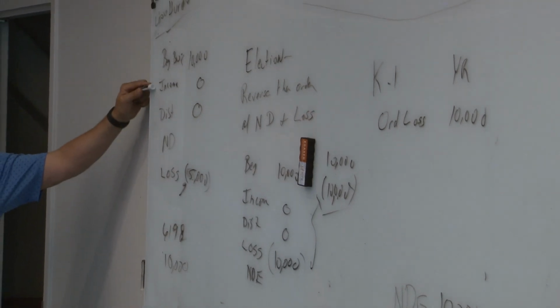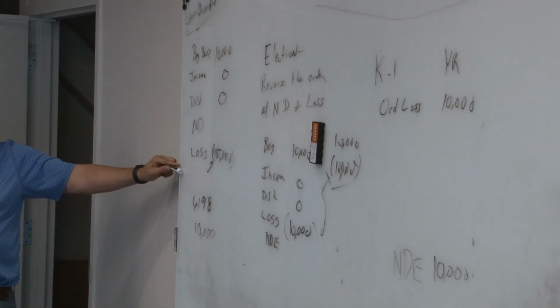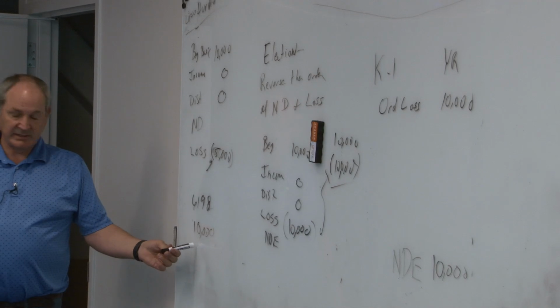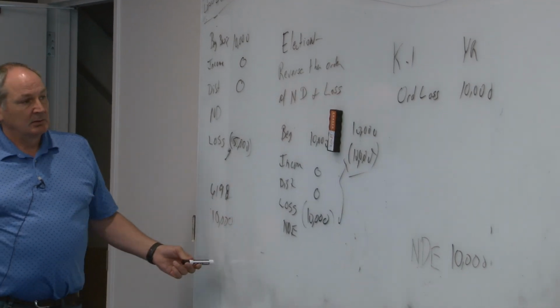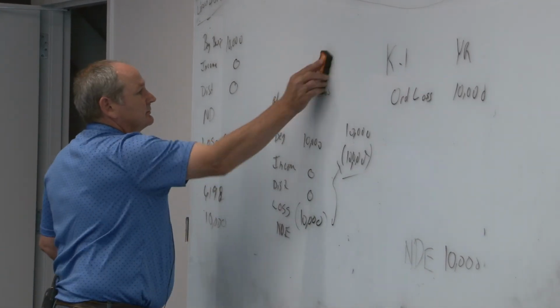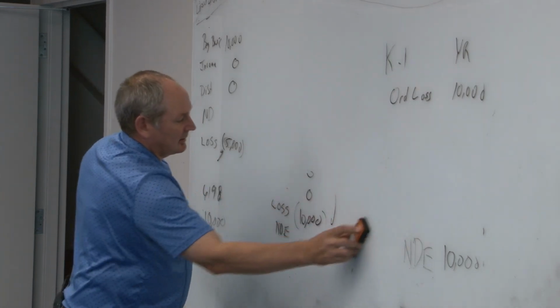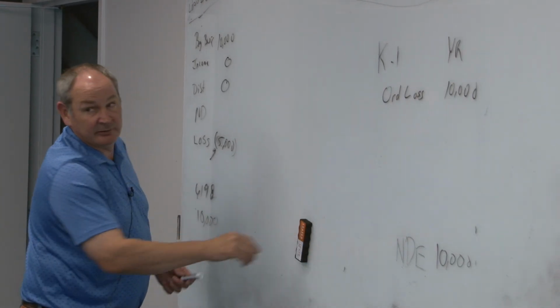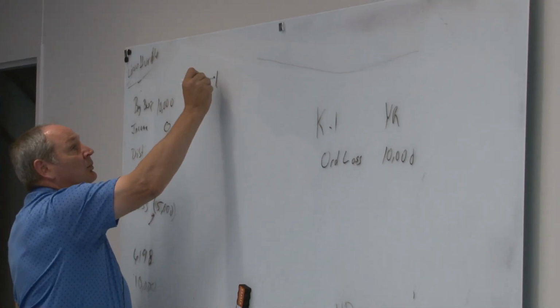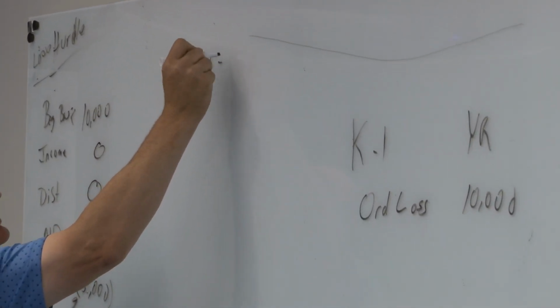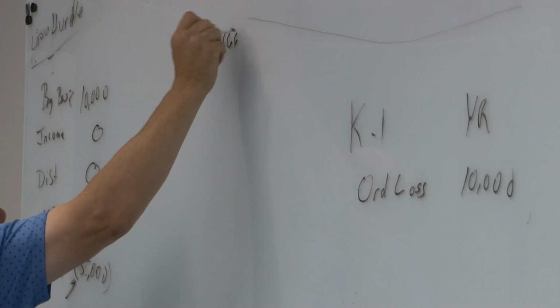So we agree that there's an ordering to this basis. Correct? And now we have this 6198 loss that exists. Ready for this? 1.465-66, I think that's right.